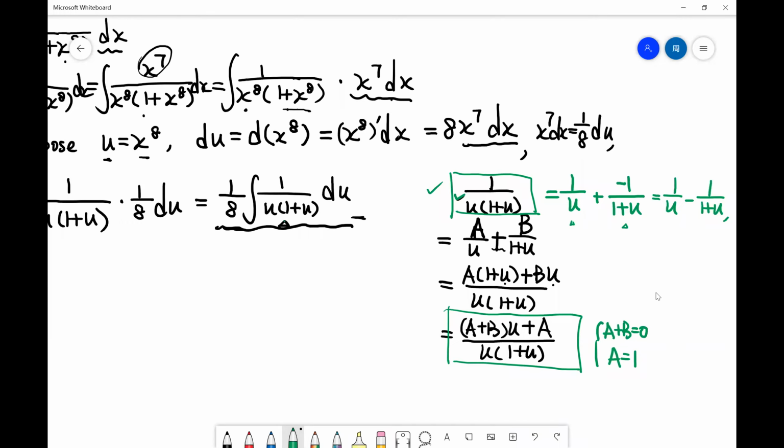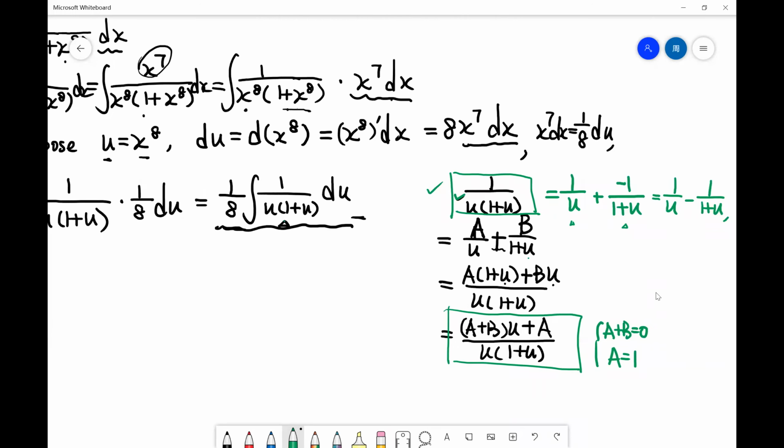If we can separate it into two parts, it will be easier to calculate the integral. So here is how I separate it. We know the denominator here is u times 1 plus u, right? So we can separate it into two parts, that is a by u plus b by 1 plus u here. And now I want to know what a equals and what b equals, right?